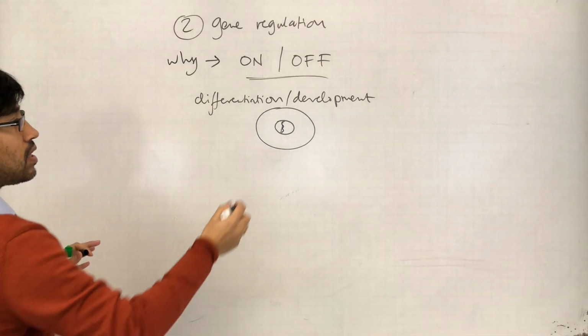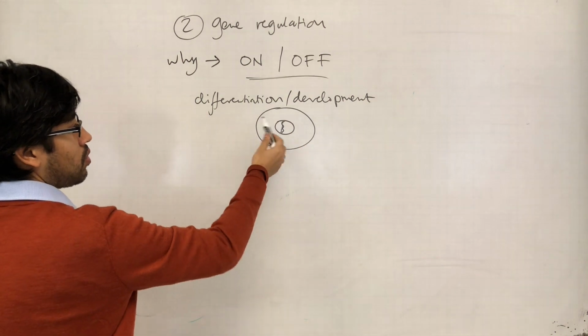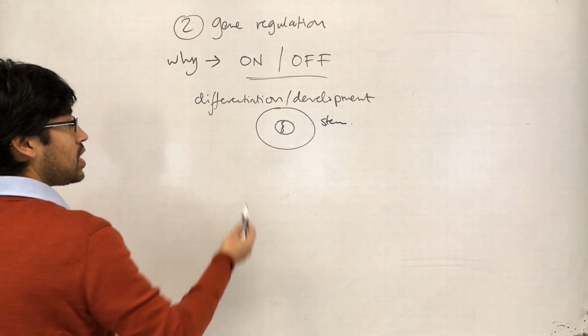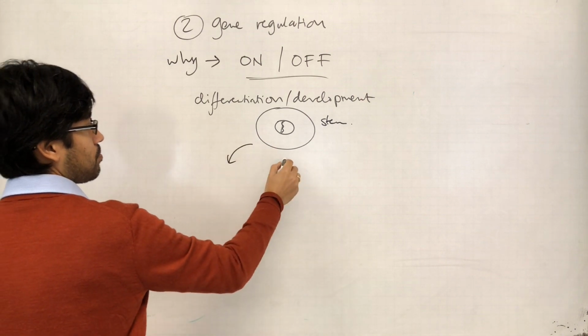So how is it that a stem cell can differentiate into different types of cells?